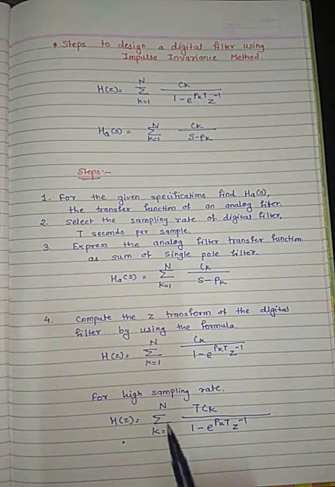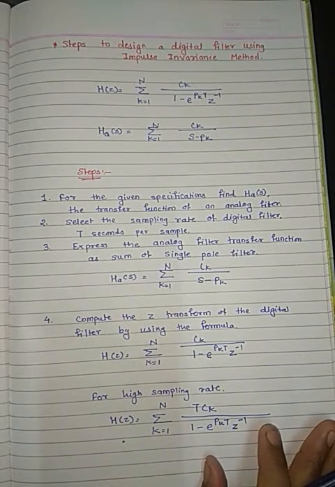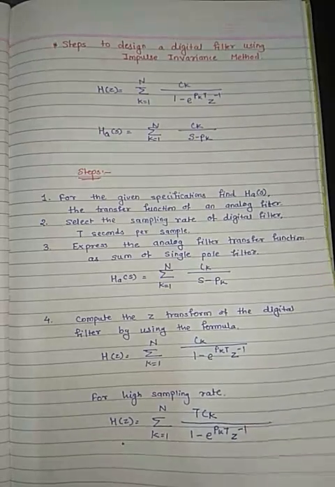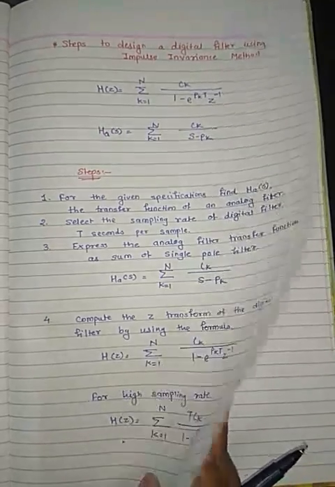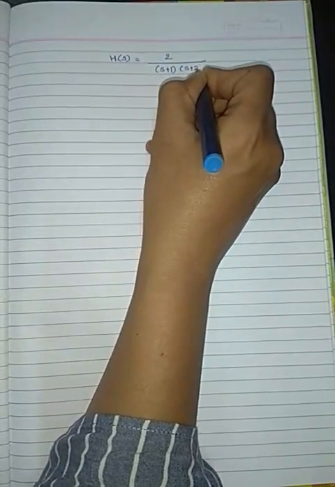Now we will consider one example of this impulse invariance method, so we will get an idea how to design any digital filter using the impulse invariant method. Here we consider the analog transfer function H(s) equal to 2 divided by (s plus 1)(s plus 2).